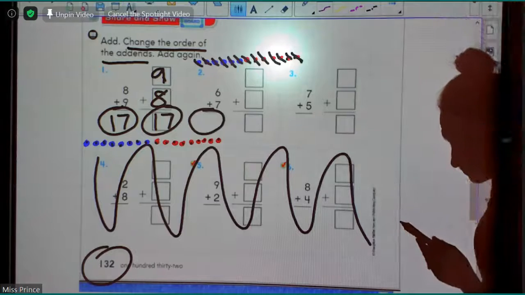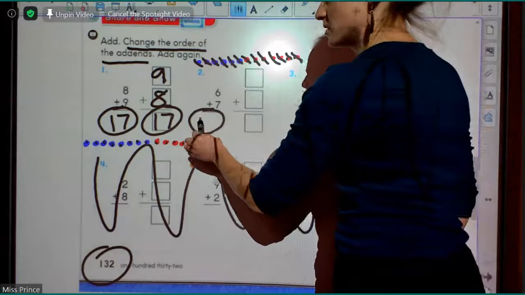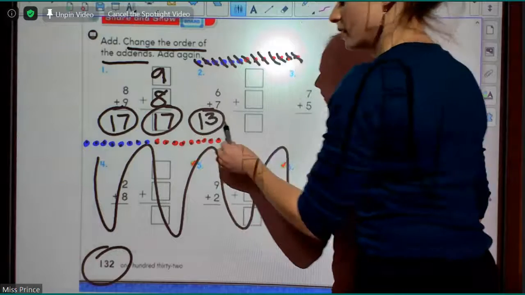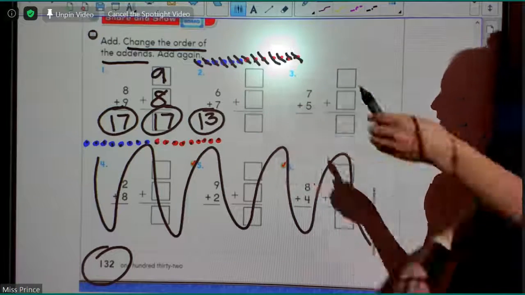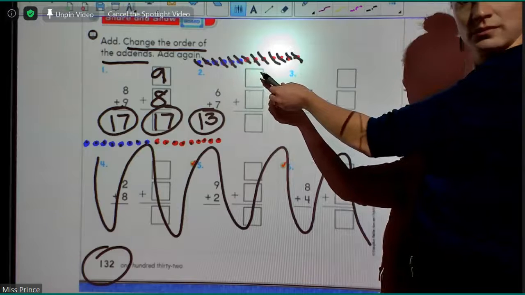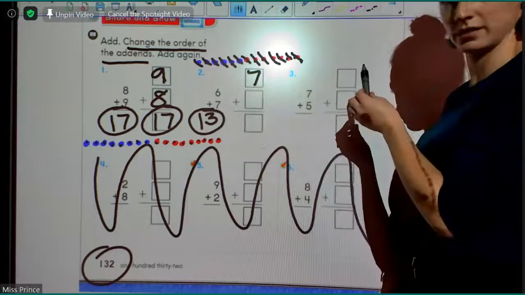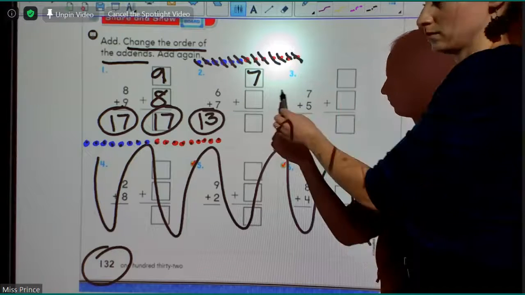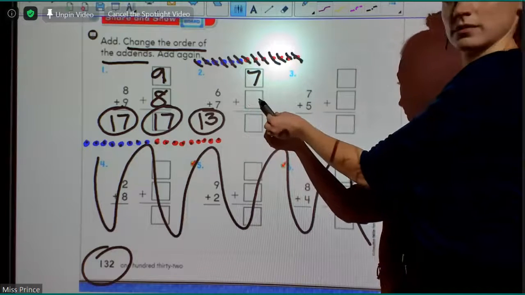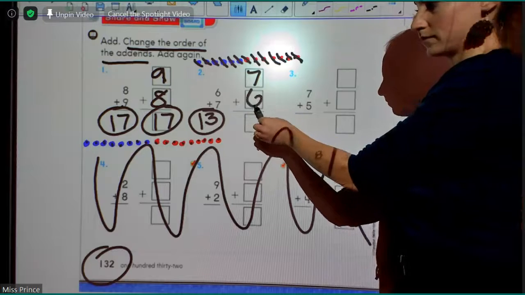How many? 13. Now, Aaron, I want to change the order of the add-ins, so I'm going to flip-flop them. What number goes up here? 7. Good job. And what goes down here? And then 13. What number goes here? 6. And all together?